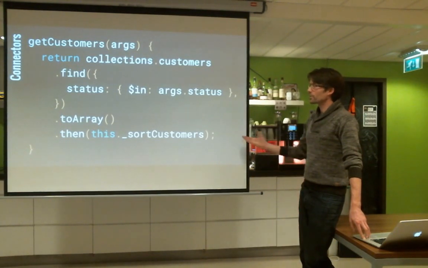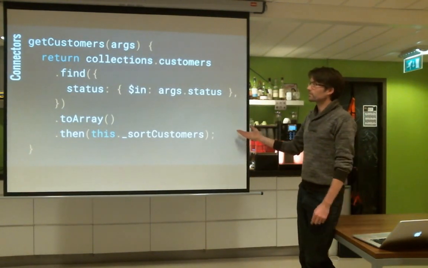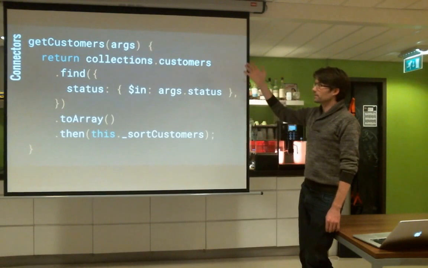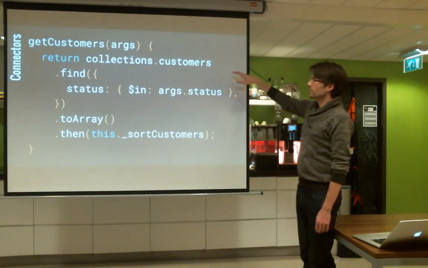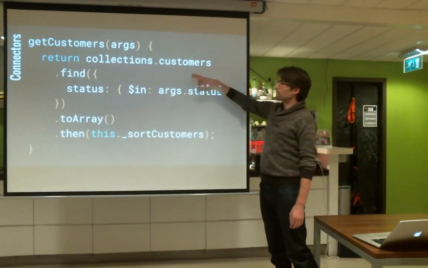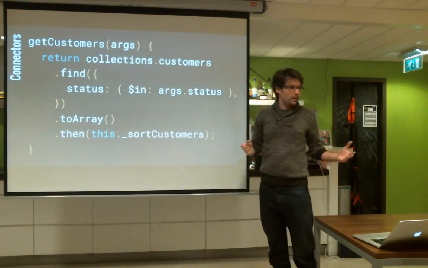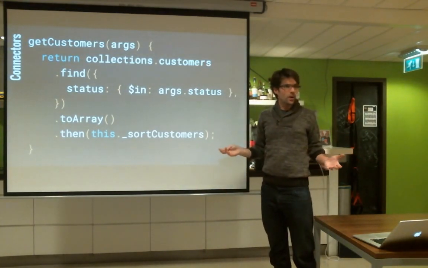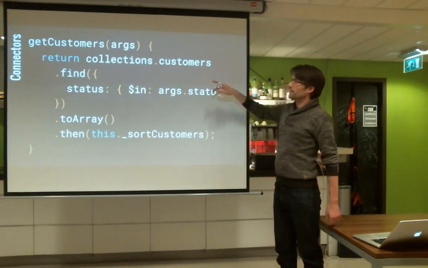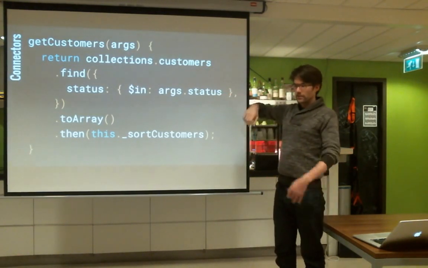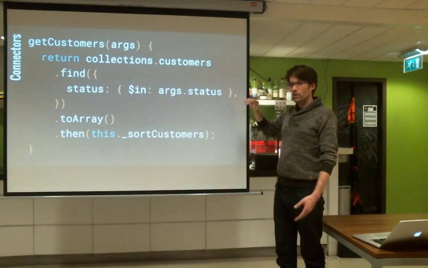So this is a connector. Get customers with arguments. Return collections customers, which is a MongoDB thing. So I'm not using Meteor. So I don't have like my... I don't remember what it's called. Collections. Mongo collection, yeah, exactly.